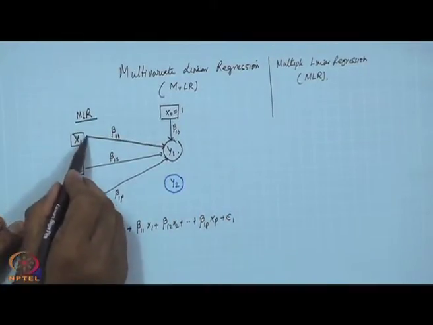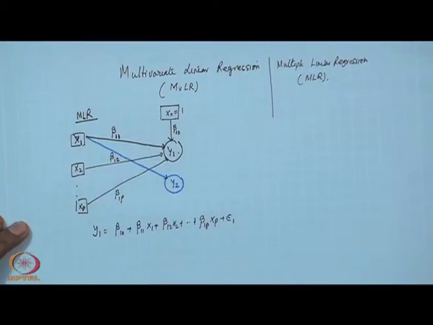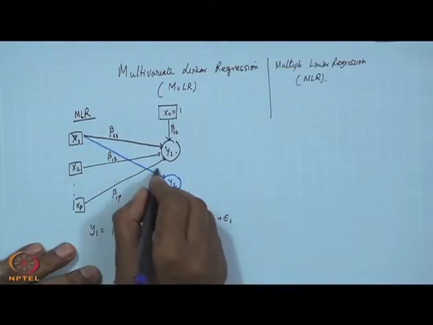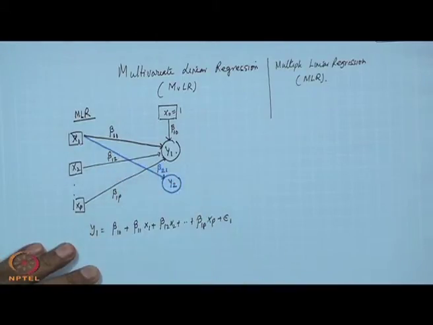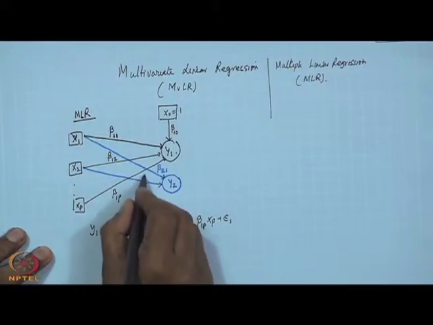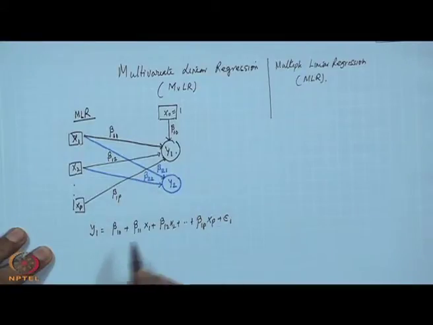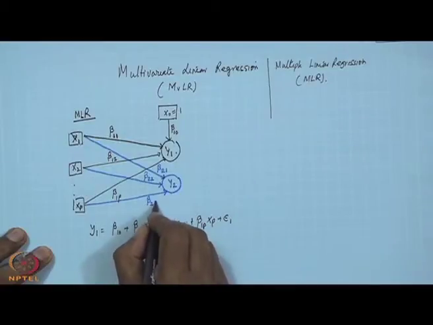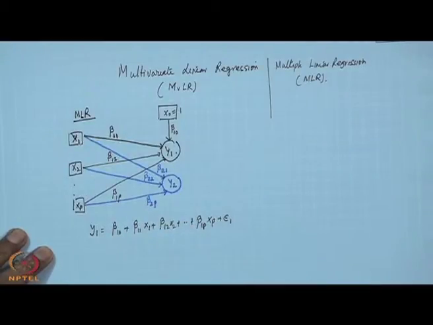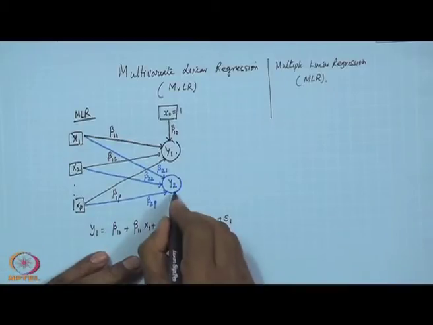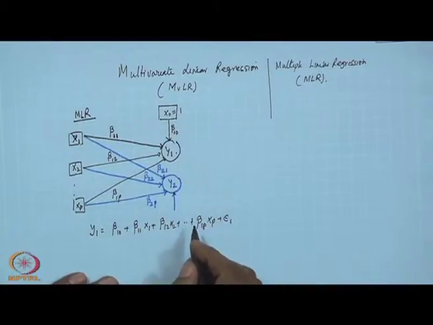Then if I want to know how they are affecting, y2 is affected by x1, so it will be beta 2 1, then y2 is affected by x2, it will be beta 2 2, then similarly at the end y2 is affected by xp, beta 2 p. Okay. So, it also has that x0 component.